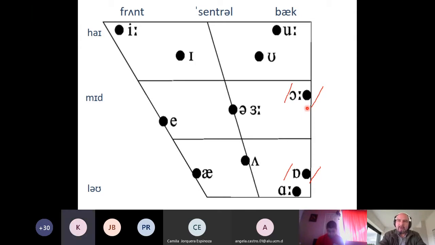So you are requiring more energy in terms of the articulators. So that's why long O should be considered a tense vowel.